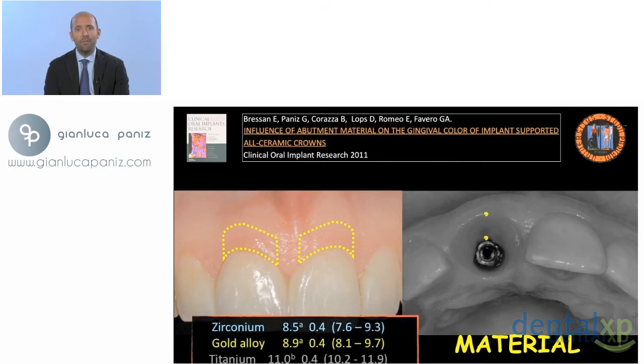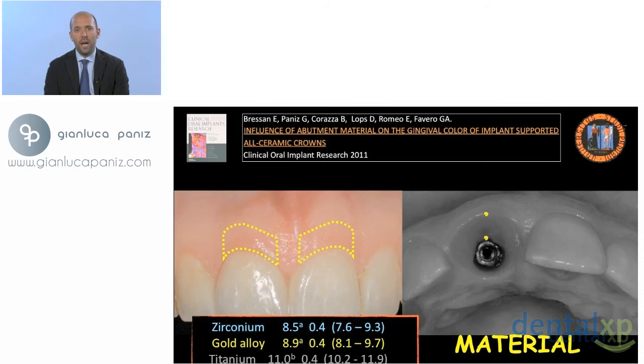We tried different types of abutment with different colors: zirconium, white, tooth shape; titanium, gray; and gold, yellowish. What is interesting that we found in this paper is that titanium gives us the worst aesthetic outcome when we are treating implant-supported restorations in terms of shade of the peri-implant soft tissue.